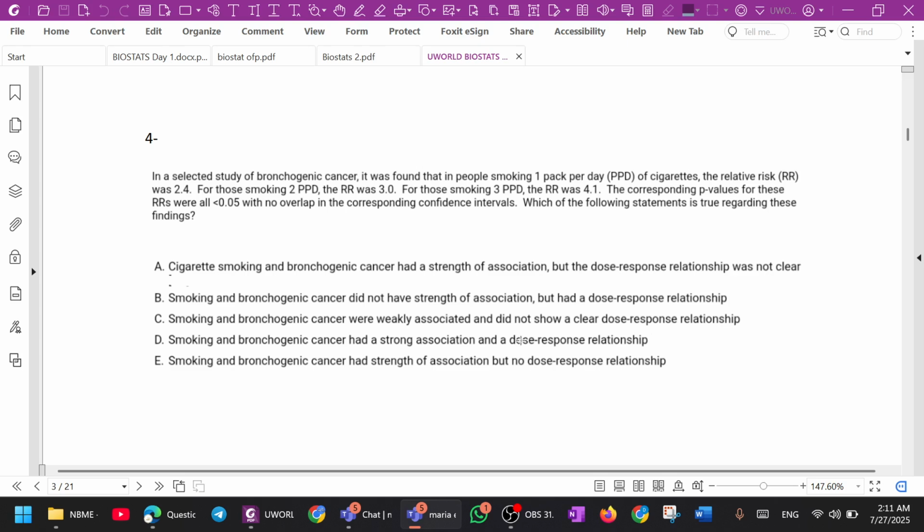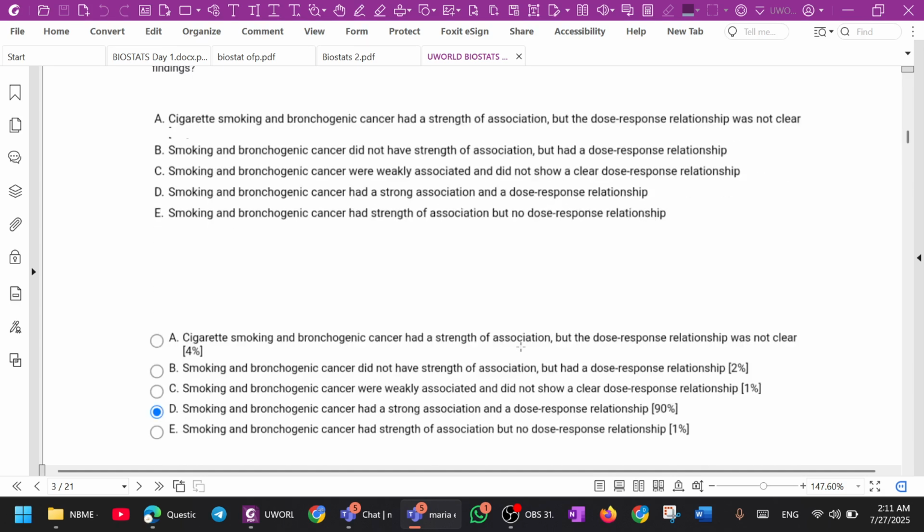Is that what it means? Okay, I think I get what you're saying, and it's the right answer. I understand your explanation for the dose relationship. You smoke one, you get 2.4 risk. You smoke two, you get three. You smoke three, you get four.